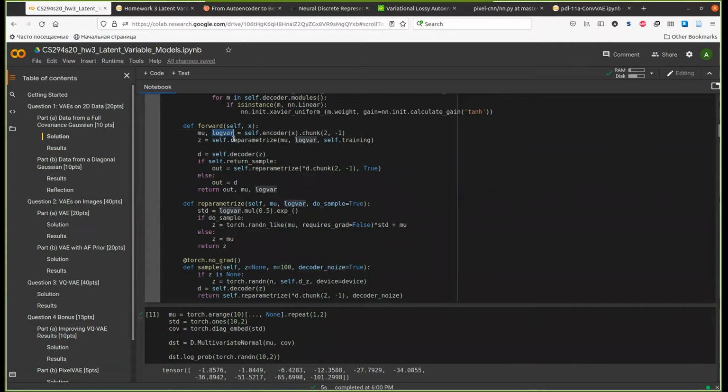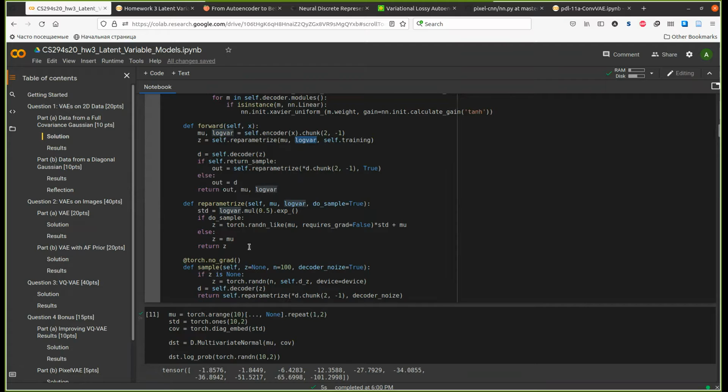Next, we reparameterize a random variable with this mean and variance. The reparameterize function is here. We first convert our log variance to the standard deviation, and for that we multiply it by 0.5 and take an exponential.